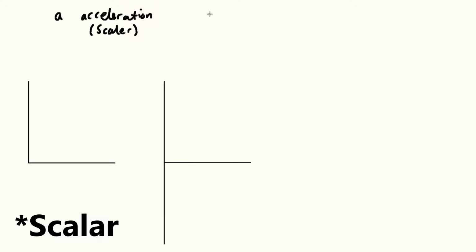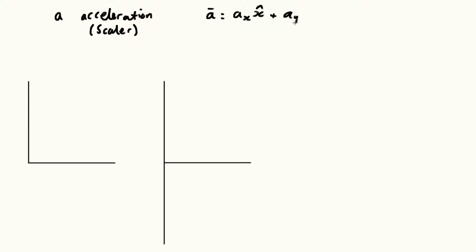But then we shall also write the acceleration vector, which will be equal to an acceleration in the x direction plus an acceleration in the y direction plus an acceleration in the z direction.